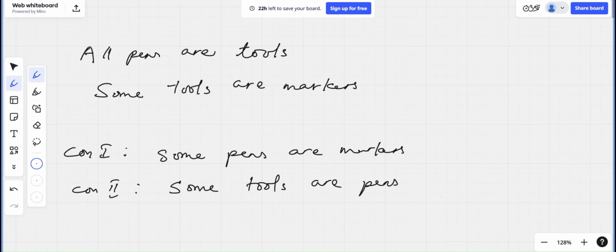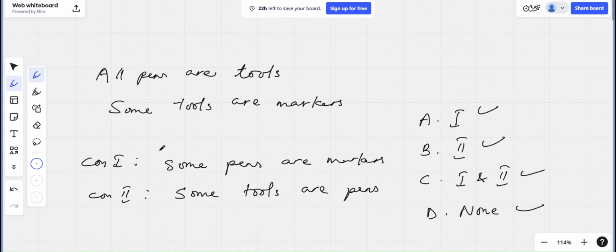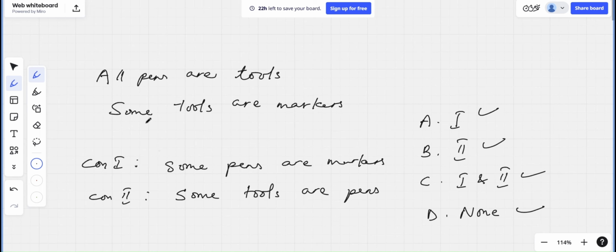If you don't have any idea, I will tell you. The options: A is only one, B is only two, C is one and two true, and D is none of the above. I'll give you 30 seconds. All pens are tools. Some tools are markers.